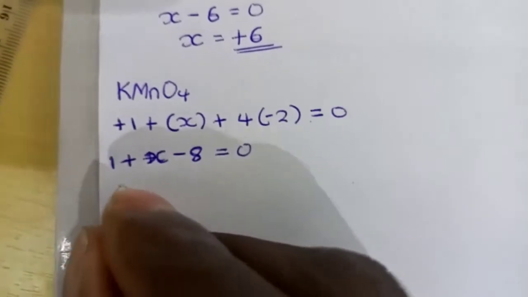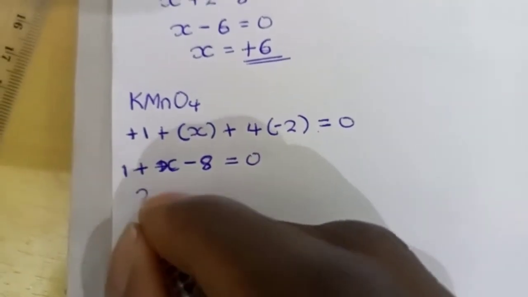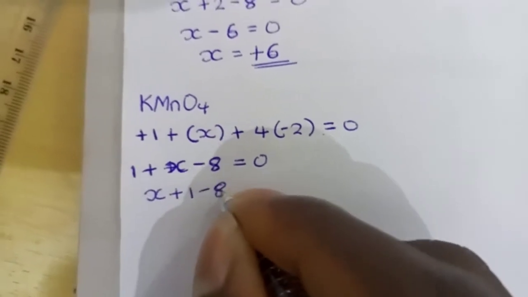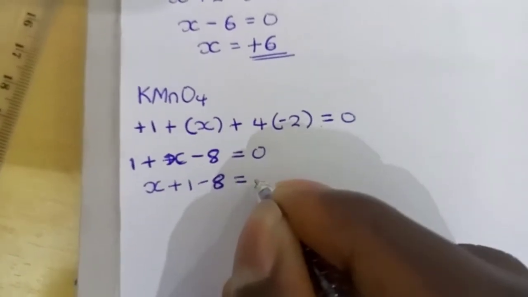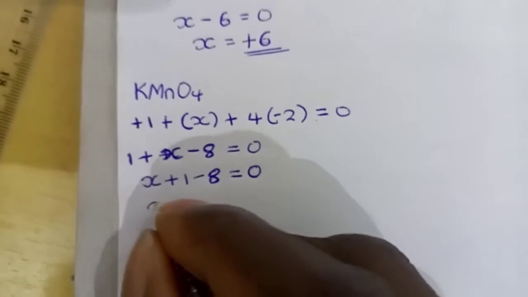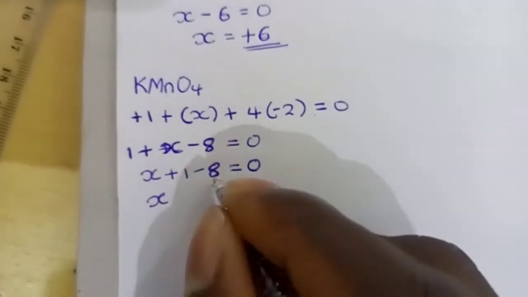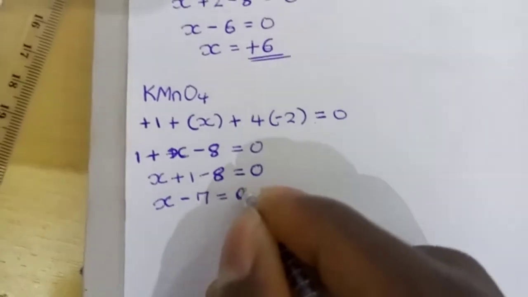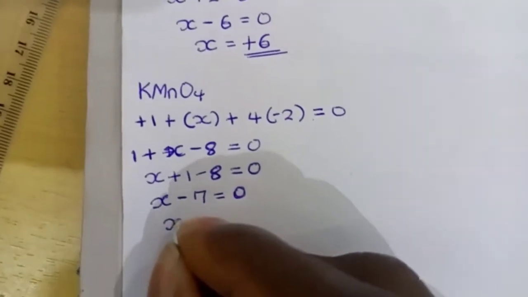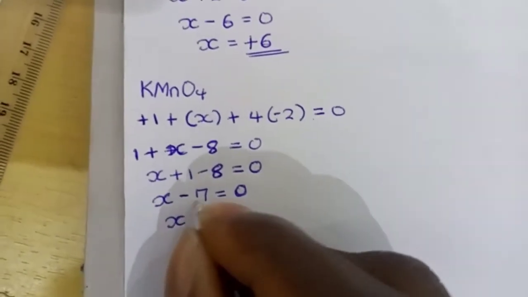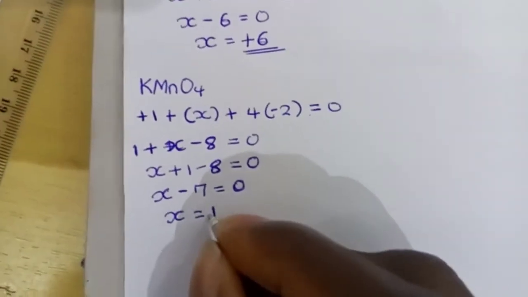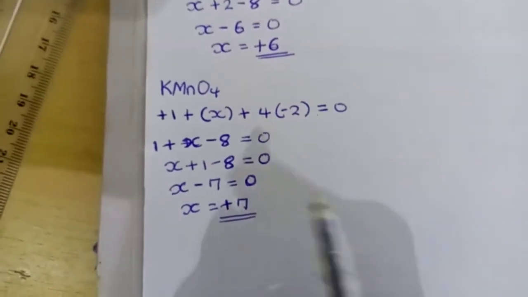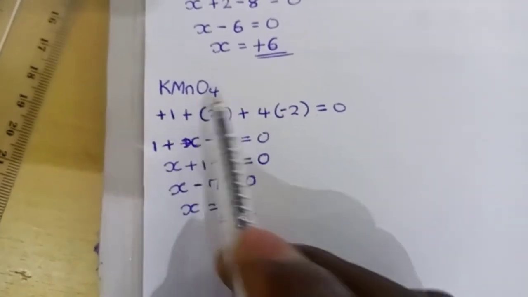So X plus 1 minus 8 equal to 0. 1 minus 8 will give us -7 equal to 0. So X equal to -7 will cross over, that will make it +7. So the oxidation number of manganese in this compound is +7.